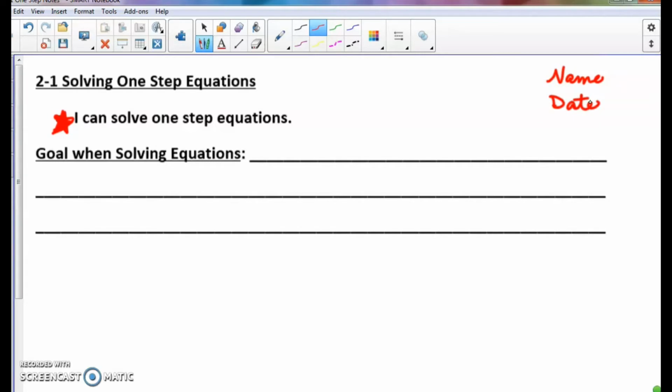Now, we've seen equations before, but sometimes I think we forget what the goal of solving equations is.